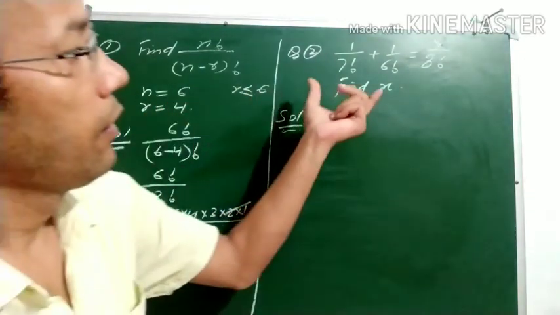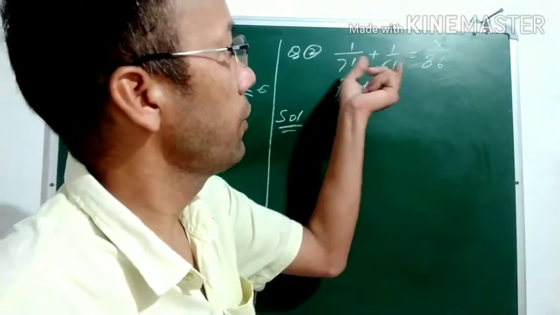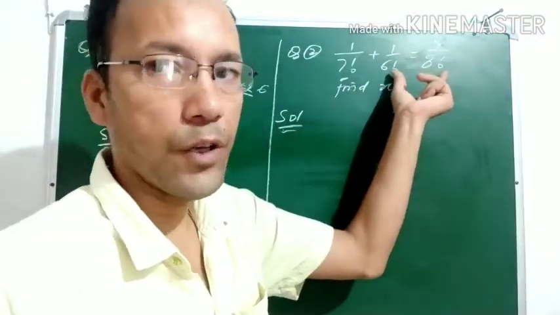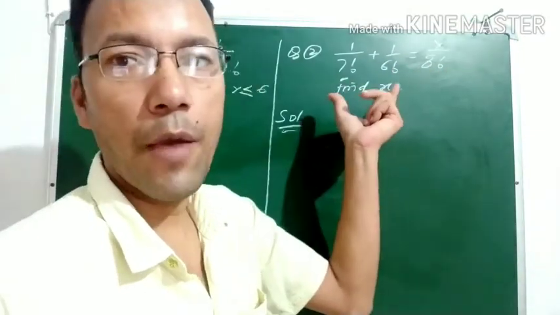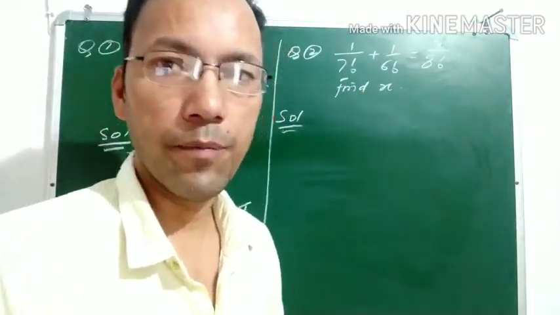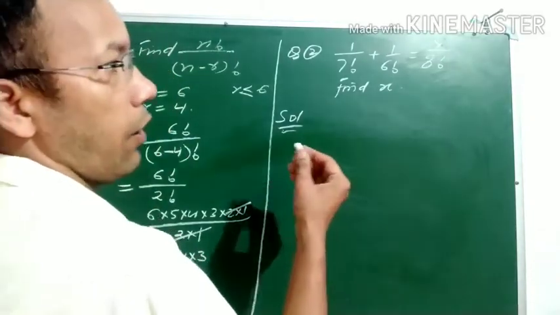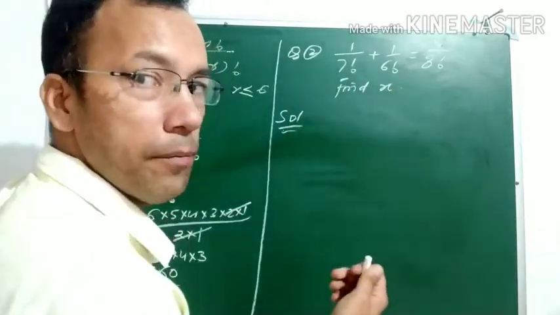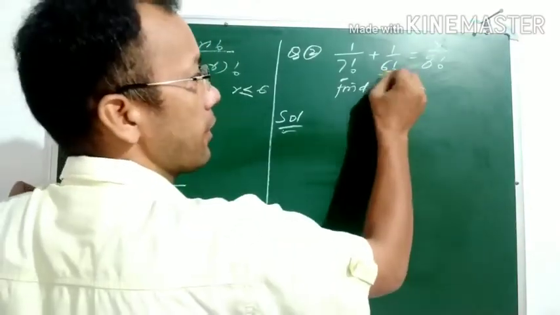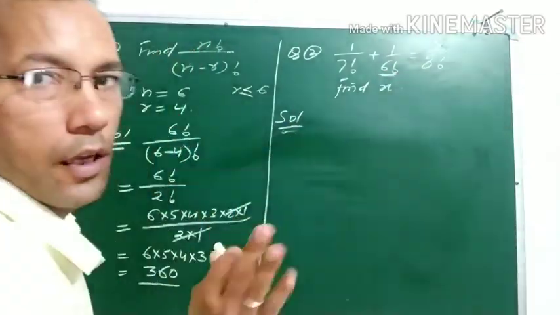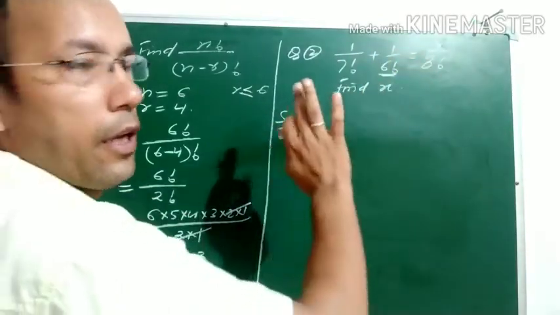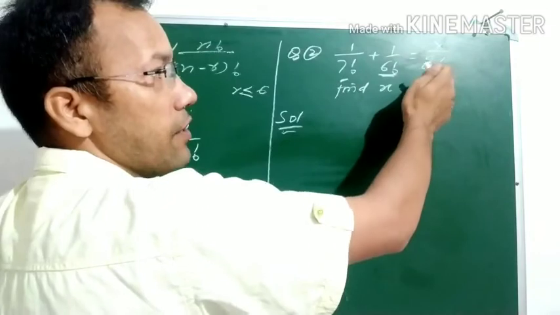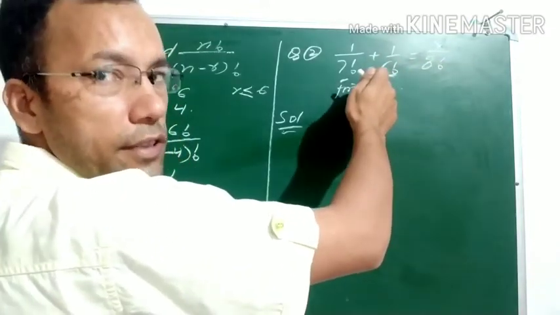See this one. There is 7 factorial, 6 factorial, x upon 8 factorial. It is in the form of factorials, so we have to break down the numbers. See which one is the lowest factorial. 6 is the lowest factorial, right? 7 can be broken down into 6 factorial, and 8 can also be broken down into 6 factorial.